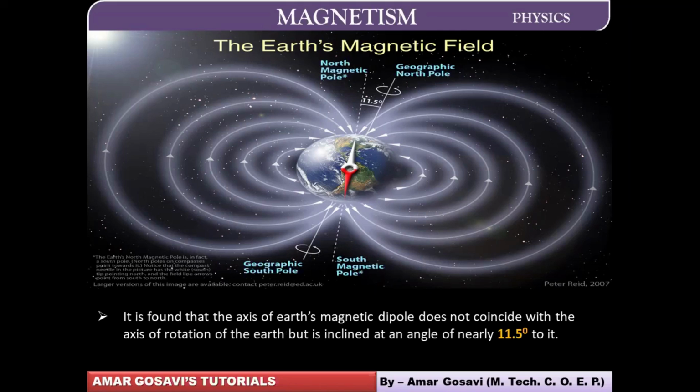Normally, the line joining the geographic North Pole and geographic South Pole, we will consider as the geographic axis. Similarly, there is a line joining the magnetic North Pole and magnetic South Pole. We'll call it the magnetic axis.